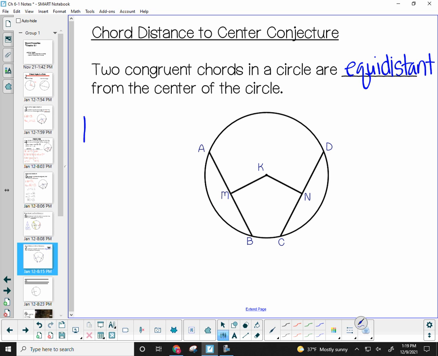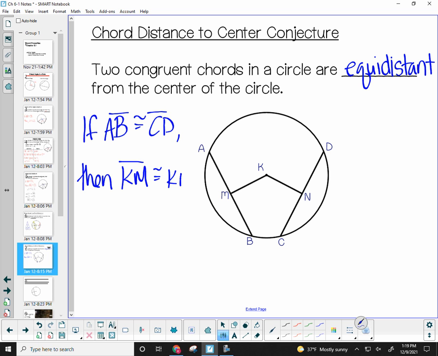So in our specific case, they're saying if segment AB is congruent to segment CD, then KM is congruent to KN. So if those chords are congruent, they have to be the same distance away from the center.